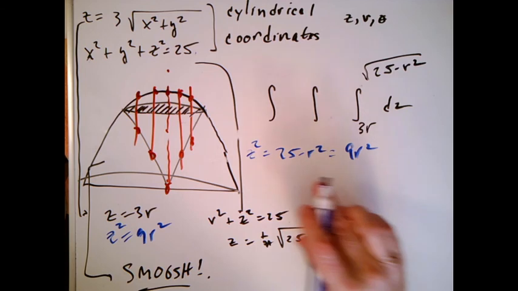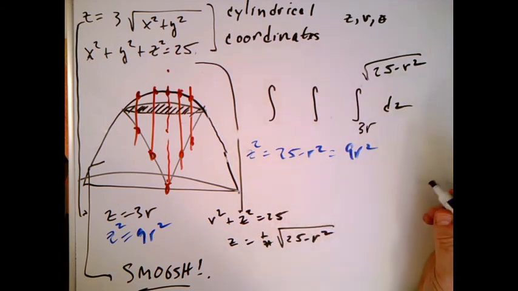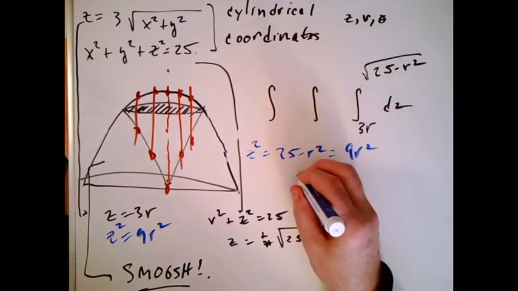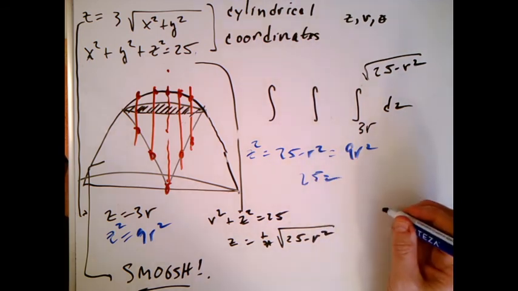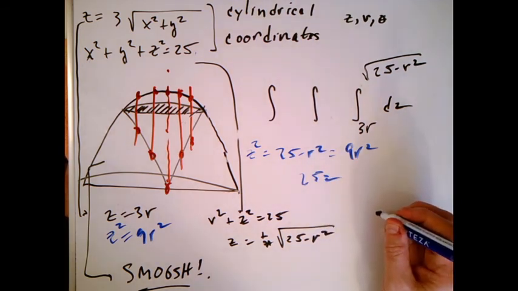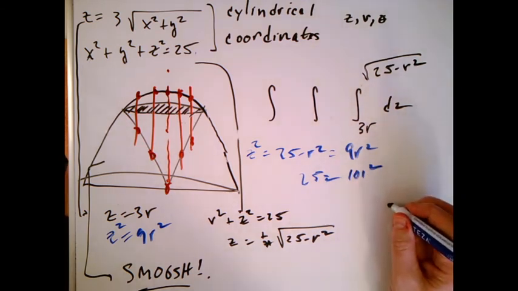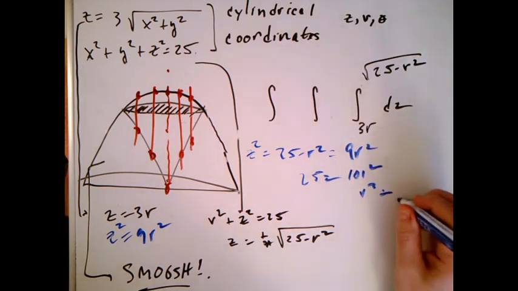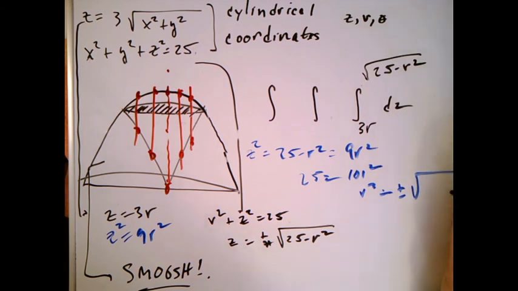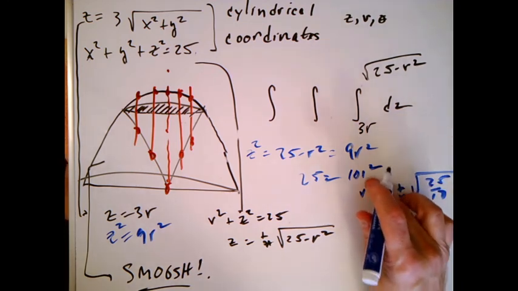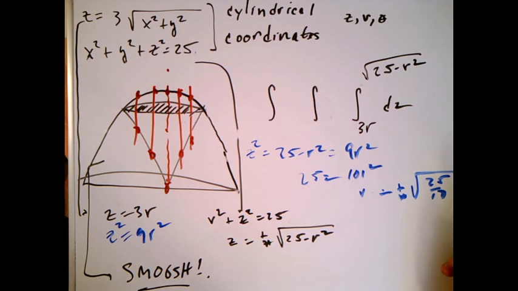I have 25 minus r squared equals 9r squared. It does look right. So I'm going to get 25 is equal to 10r squared. And then r is going to be plus or minus the square root of 25 tenths. And I'm only using positive r's in this case, so I'm going to do that. So what I'm going to see is that r is equal to the square root of 25 tenths.